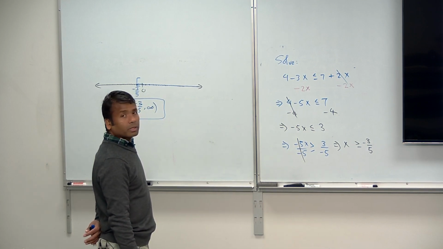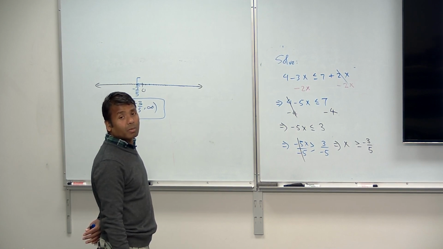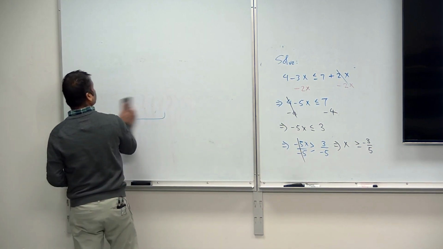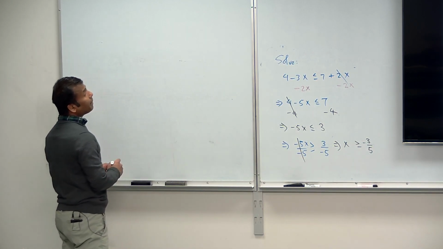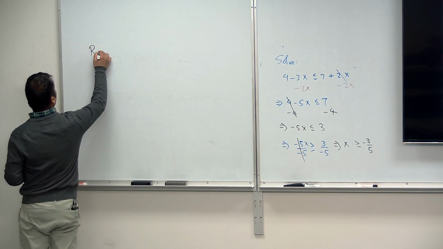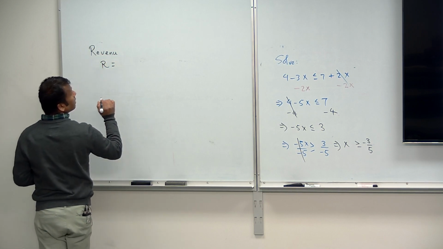At what production level does R at least equal C? So now, look here, guys. The revenue function R, so this is the revenue, okay? Revenue, we denote by R, is given by 4x.